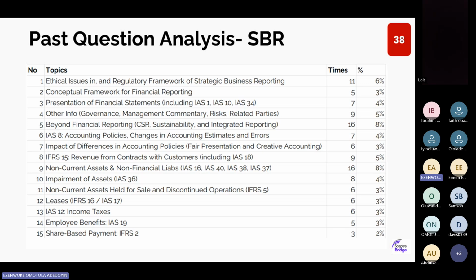From this analysis, what stands out is non-current assets, right? IAS 16, 38, and 37. It stands out on this page at 8%. Then, of course, beyond financial reporting, as we said, is yet to stay. It's occurring so frequently now. It stands at 8%. I remember one of my students mentioned something.